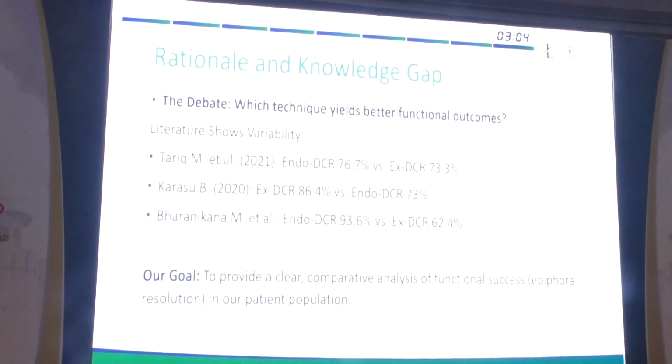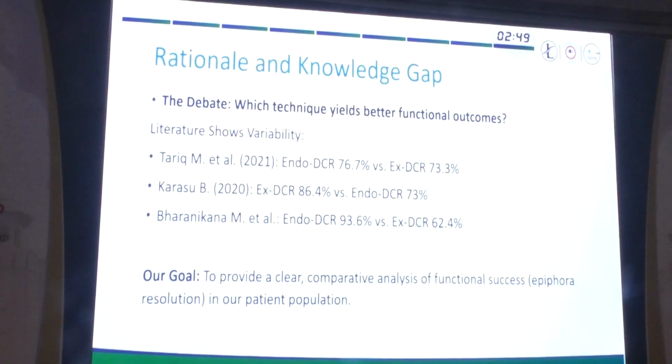As we search the literature, in 2021, Tariq et al. reported that endoscopic DCR has 76.7% success versus external DCR 73.3%. In 2020, Coraso mentioned that external DCR has 86.4% success versus endoscopic DCR, which is 73%.